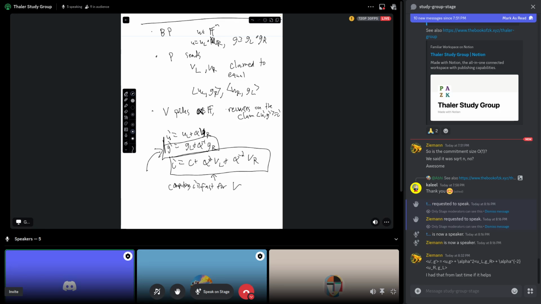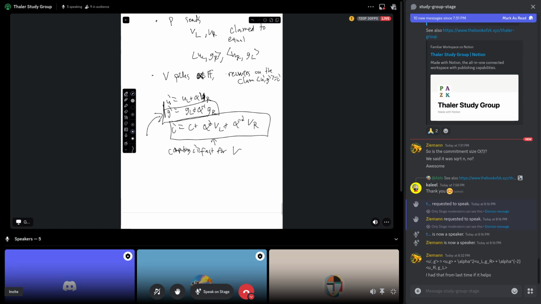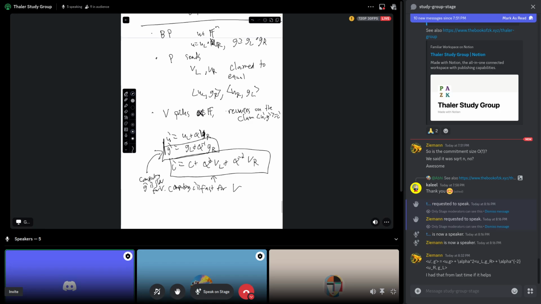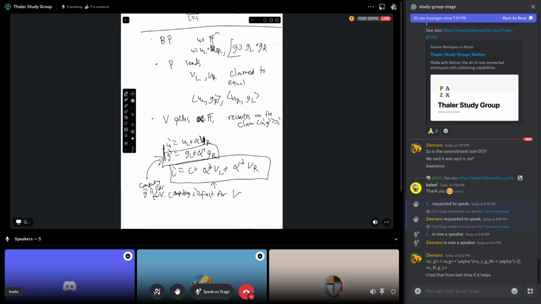So here we have why the verifier is linear time: computing G prime is the problem. It was already a problem that the verifier has to know what the commitment key G is. But why did the verifier have to know G? So it could look at its left half and its right half and take a random linear combination of the two halves. So this is the problem. This is why the Bulletproofs verifier is slow.